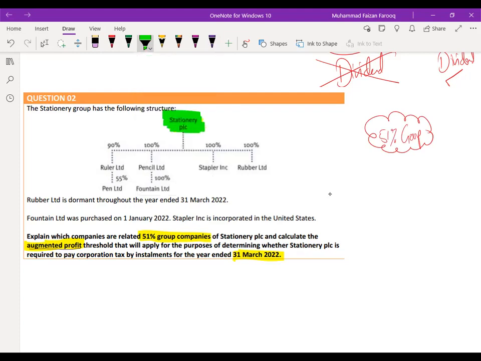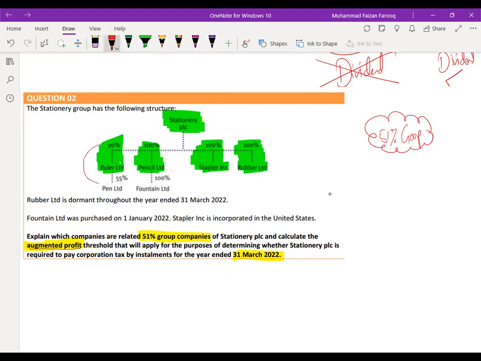What about Ruler? 90%, fair enough or no? It's within the group, related companies. Okay, what about Pencil? Same. Stapler? Same. Rubber? Same.